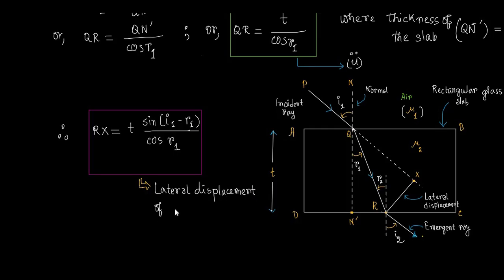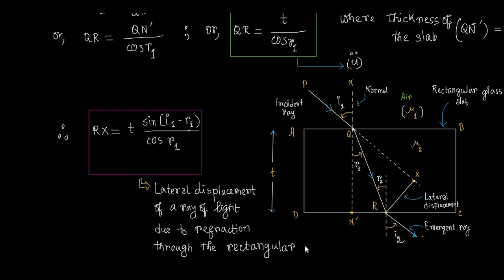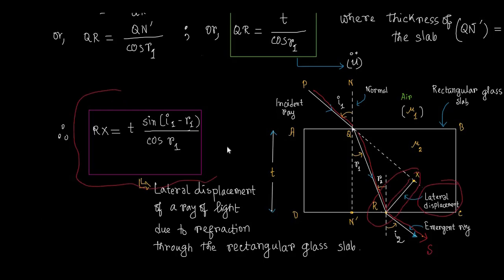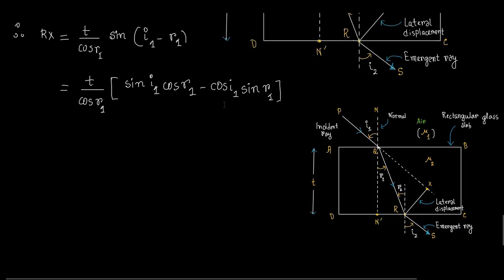RX is the lateral displacement of the ray of light PQ due to refraction through the rectangular glass slab ABCD. Here PQ is the incident ray, QR is the refracted ray, RS is the emergent ray, and RX is the lateral displacement, which is equal to T into sine (I1 minus R1) divided by cos R1.